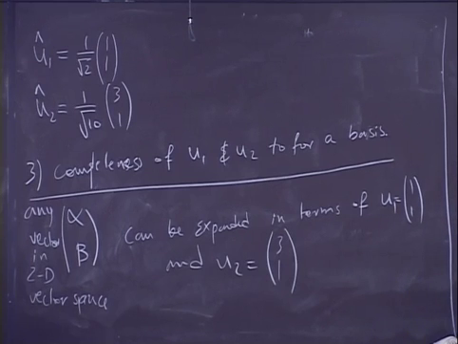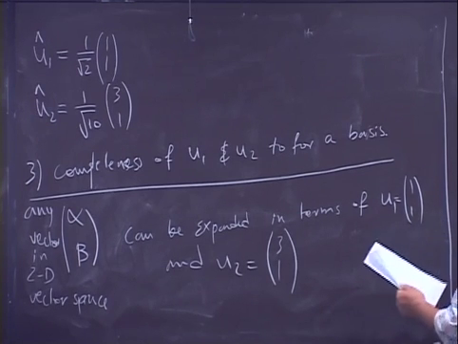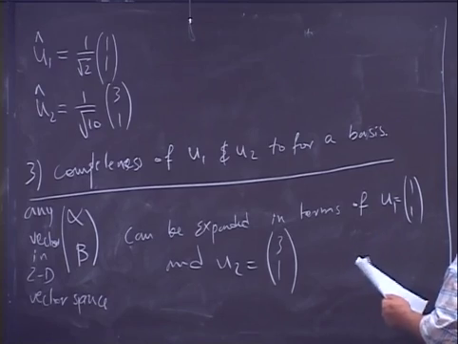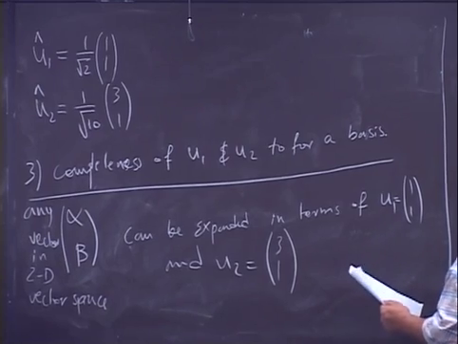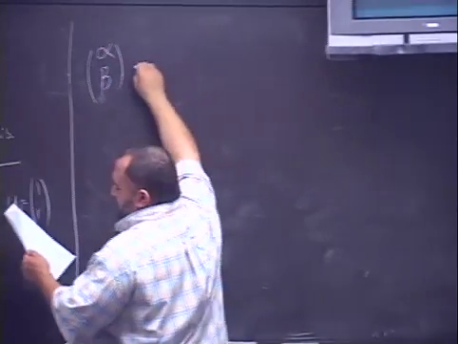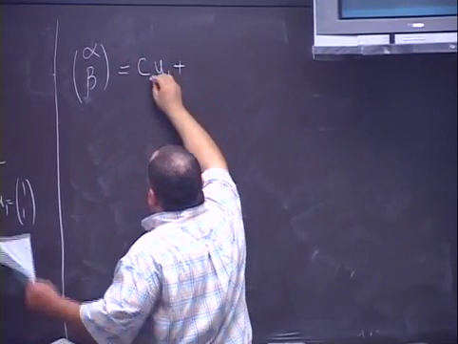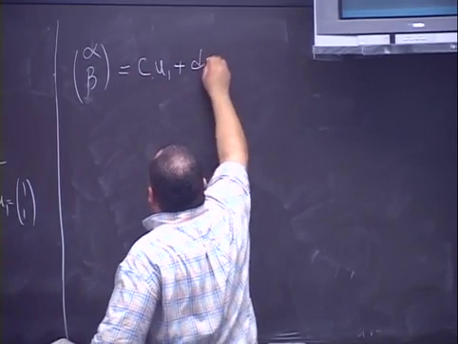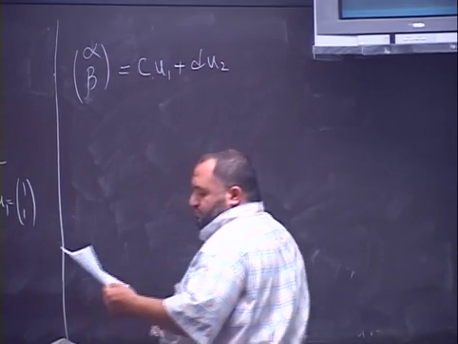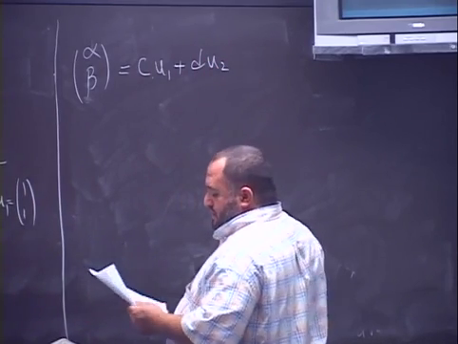Let me show you this. I have a vector that has components alpha and beta. I can write it as alpha and beta equal to some constant C multiplied by the vector u1 plus another constant D multiplied by the vector u2.